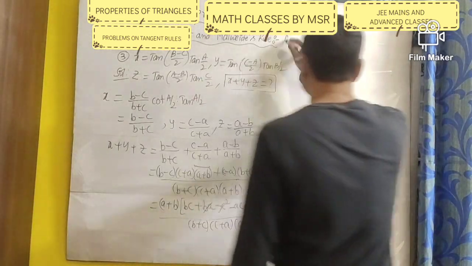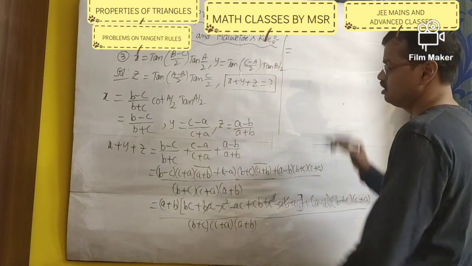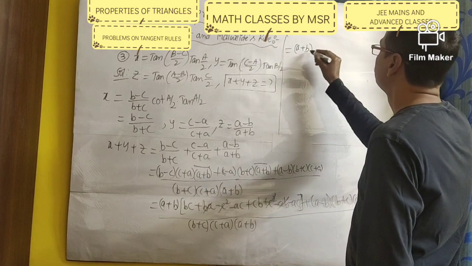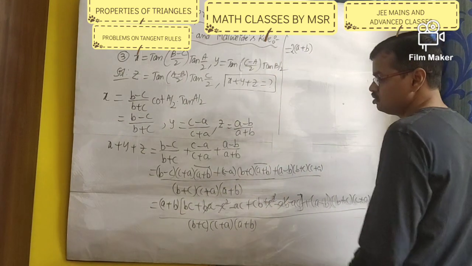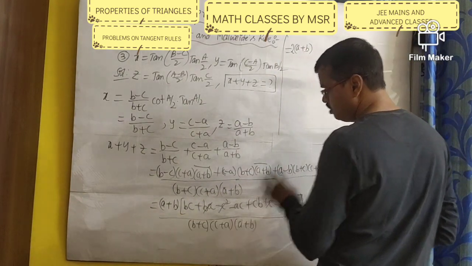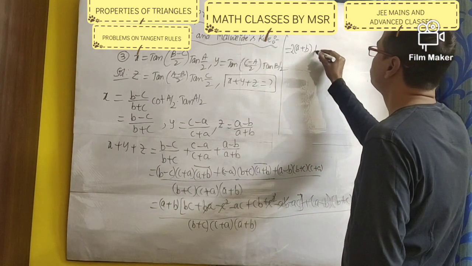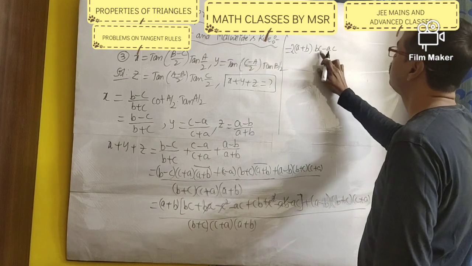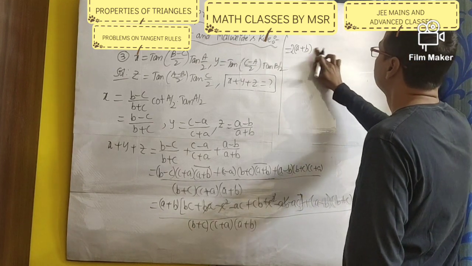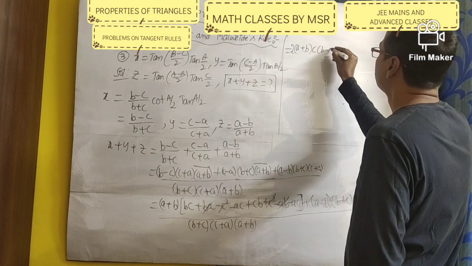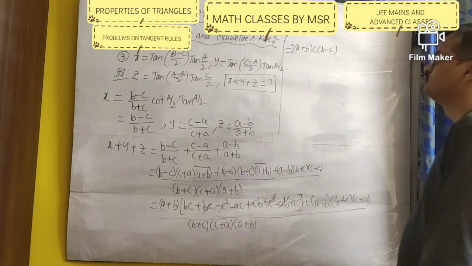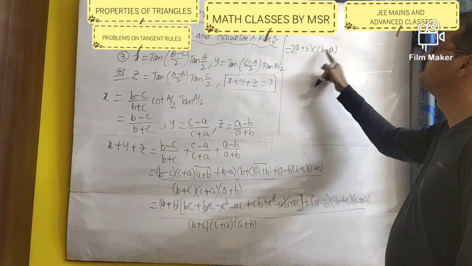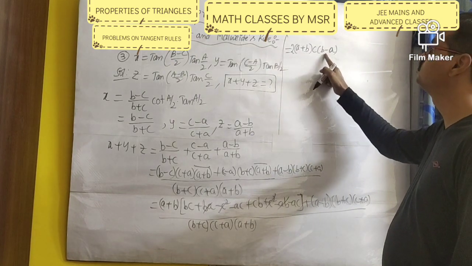So you will get (a plus b) times 2 times (bc minus ac). In that I can take c common, you will get 2 times (a plus b) into c into (b minus a).